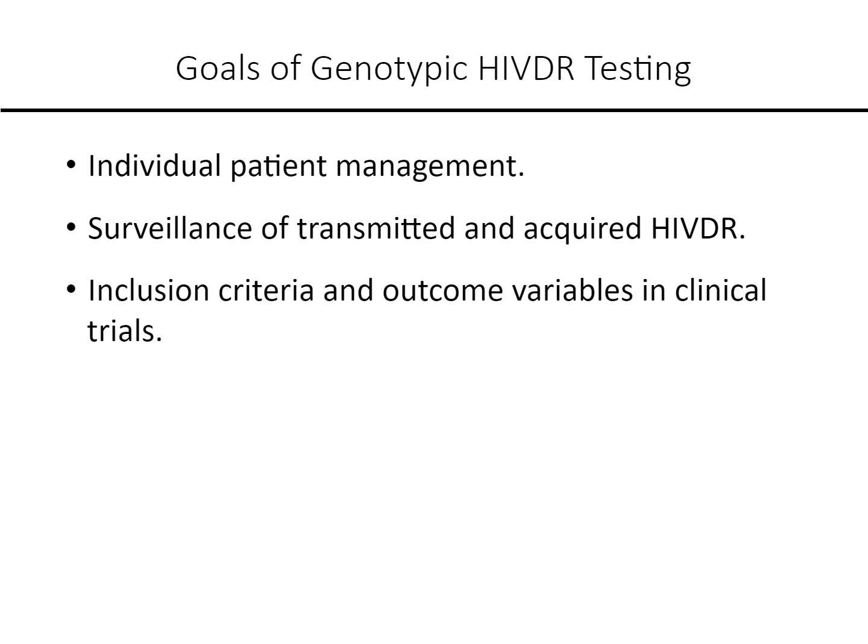It is also used as part of the inclusion criteria for participants in a clinical trial and as an outcome variable in clinical trials. For the second and third goals, it is important to use a consistent approach so that the results of different studies can be compared with one another and can be combined.